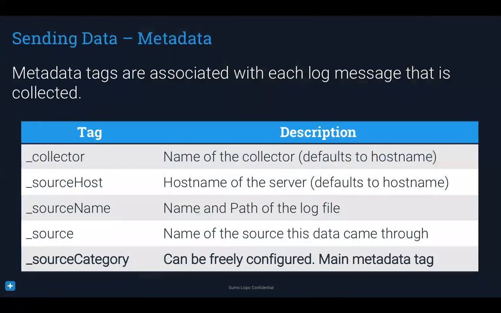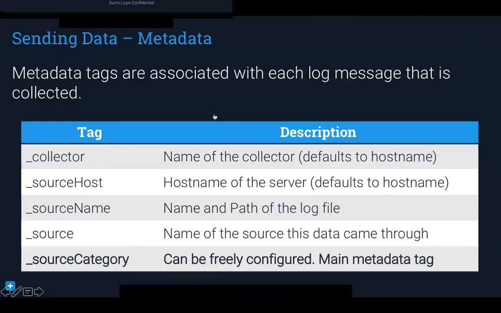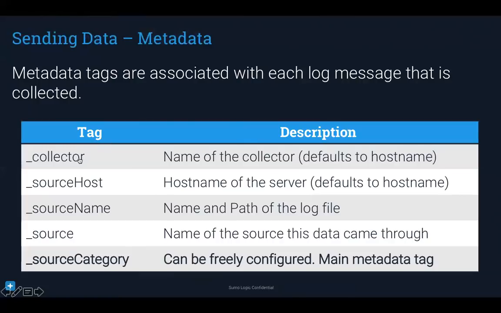The last thing I want to mention about getting data into Sumo is, from a logs perspective, every single message that we get, we tag with these 5 metadata tags. Remember, I used it in the demo. So we identify which collector that data came through, which host it came through, the source name, which is the name of the path of the log file that data came from, the source. So for example, if you're sending Apache data, is it Apache Access or is it Apache Error data that you're sending us?